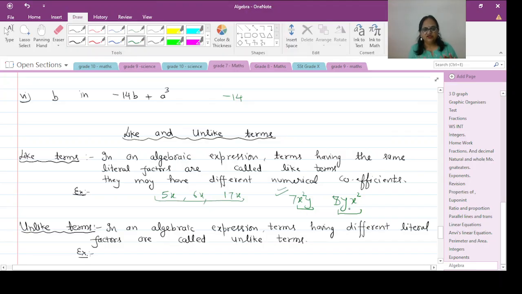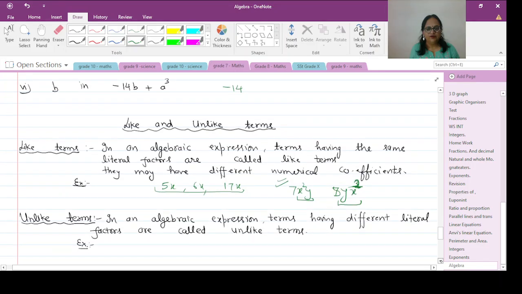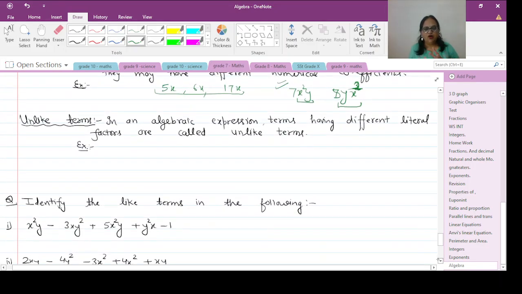So order can be changed, but raised to the power 2 should be constant, correct? Meaning x to the power 2, if I make it x to the power 3 here, it will be wrong. It should be x to the power 2 only. So whatever the variable is, its power should be same, but order can be changed.